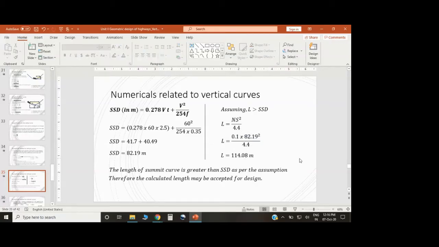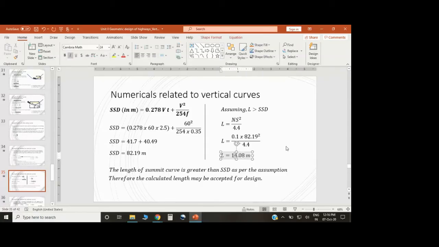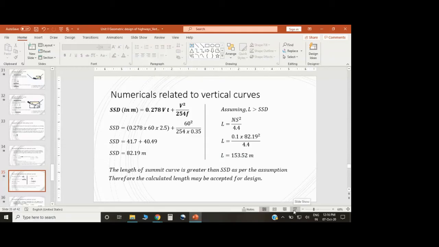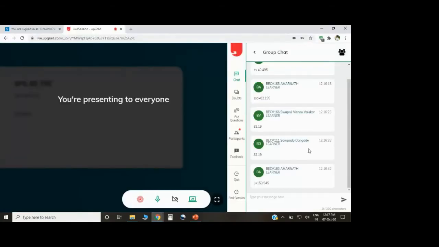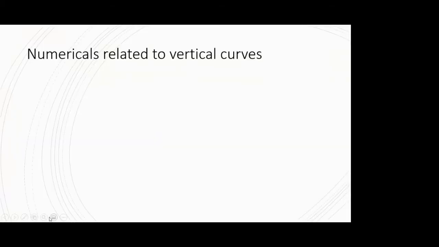And the length comes out to be 153.52. Anyways, I hope, Amarnath, yeah, 153.5.